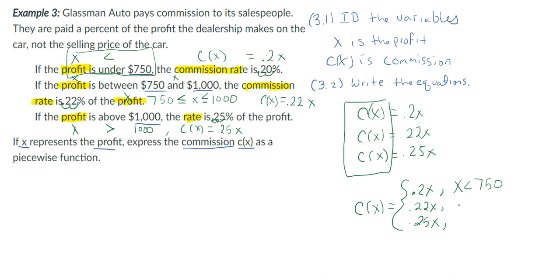Then x is between, so we wrote that as 750 is less than or equal to x is less than or equal to 1,000. So anytime I'm between exactly $750 and $1,000, I get 22% of the profit. And the last one is x is greater than 1,000. And that is how we write a piecewise function.